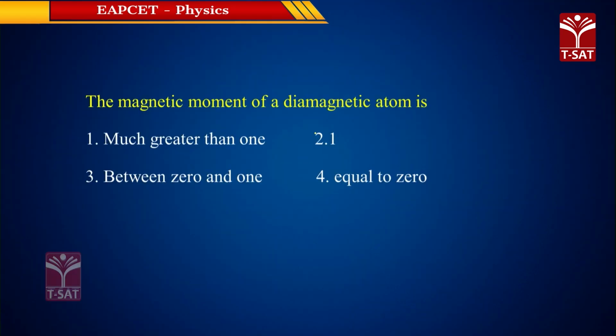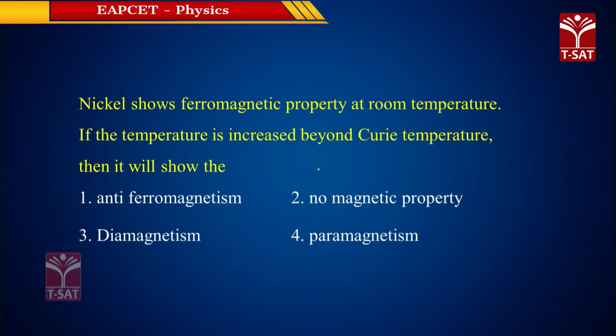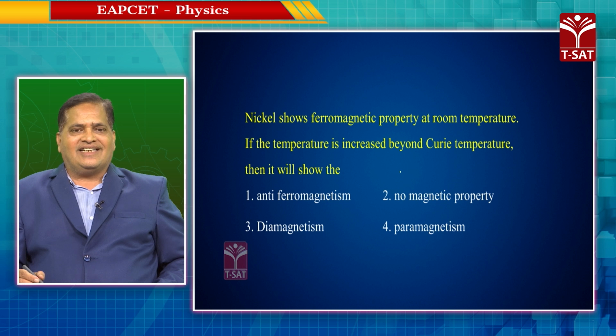The magnetic moment of a diamagnetic atom is, here, diamagnetic atom value is equal to 0, children, that value equal to 0. And next here, nickel shows ferromagnetic property at room temperature. If the temperature is increased beyond the Curie temperature, then it will show what, children?